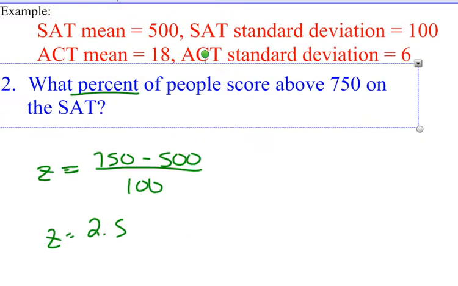Let me just erase this stuff so we don't get confused by it. 2.5 is right here. There's a z-score of 2.5. So here is the percentile. I'm going to copy this onto my problem, 99.38. Hopefully you can see that in your notes too. 99.38 is the percentile. If I write this as my answer, does that make sense?